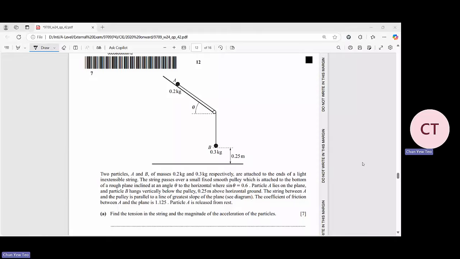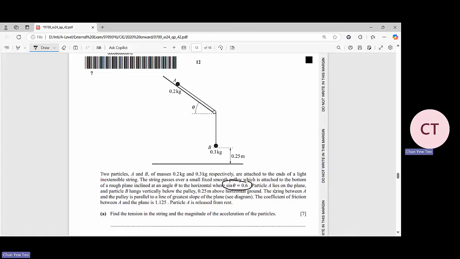We are having a diagram here. Two particles A and B of mass 0.2 kg and 0.3 kg respectively are attached to the end of a light inextensible string. The string passes over a small fixed smooth pulley which is attached to the top of a rough plane, inclined at an angle theta to the horizontal where sine theta is 0.6.